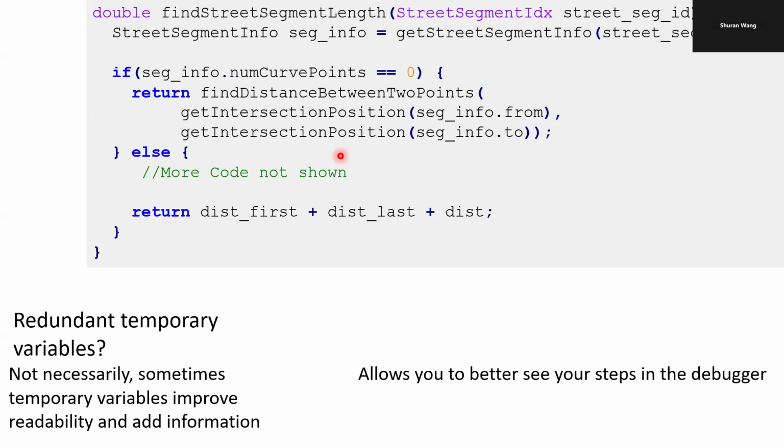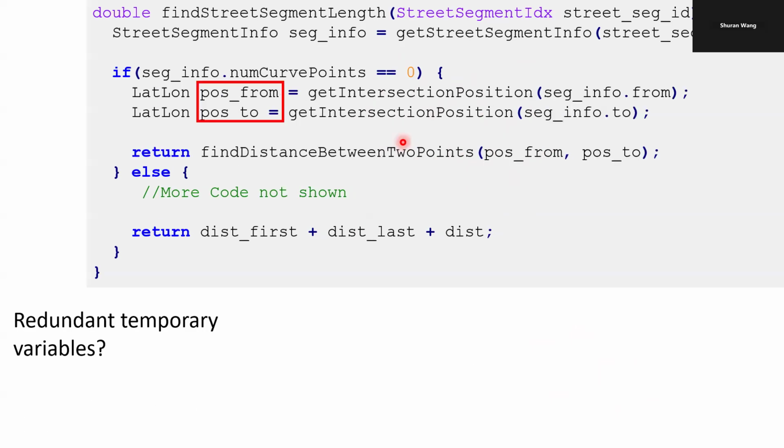Sometimes the temporary variables will improve the readability and add information, and allow you to better see your steps in the debugger. If you do this, when you are stepping inside the debugger, you'll need to step into 3 times on this one line. But if we do this, you can see what happens on each line.